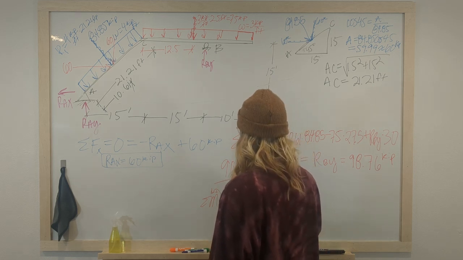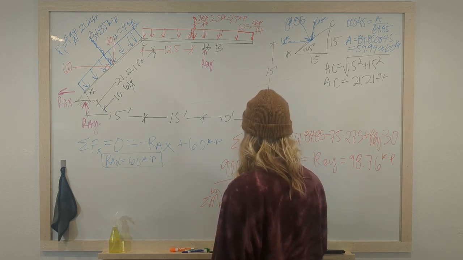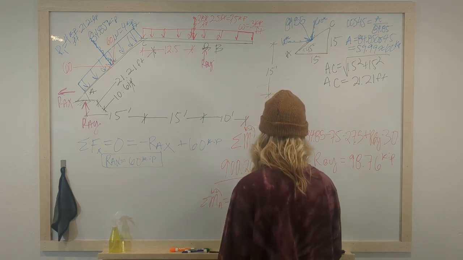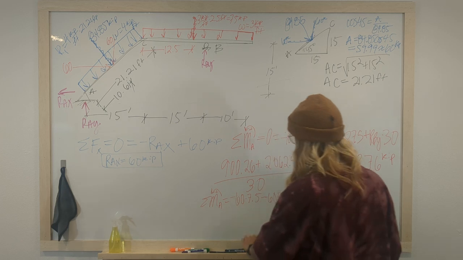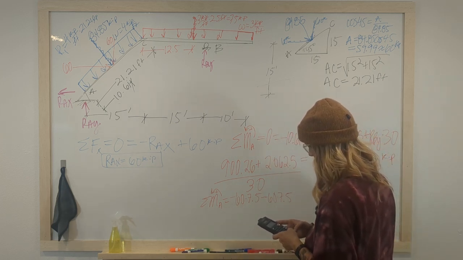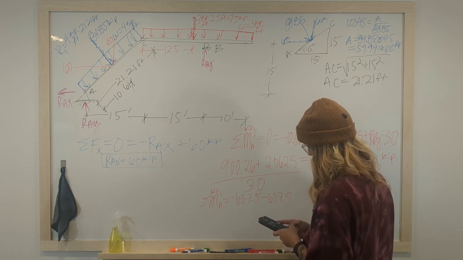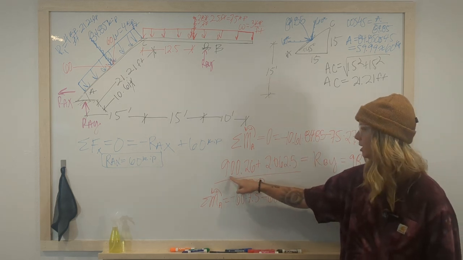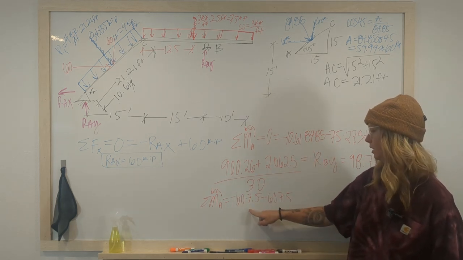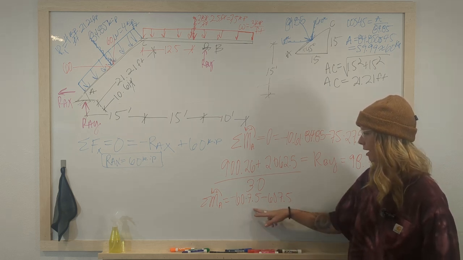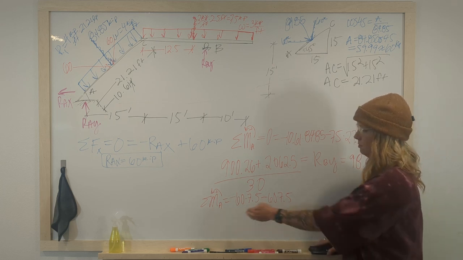So we would have negative 60 times 7.5, and then minus 60 times 7.5. There'd be more steps, but I just want to check this really quick. So 60 times 7.5 plus 60 times 7.5, you get 900, which is what you got up here, basically. Up here you had 926; down here it's 900 because I rounded the 60. Okay, we also get 900.